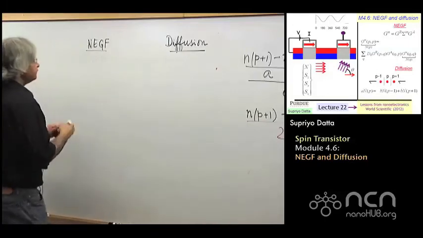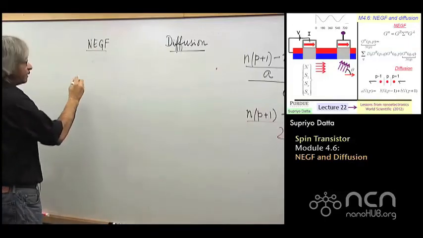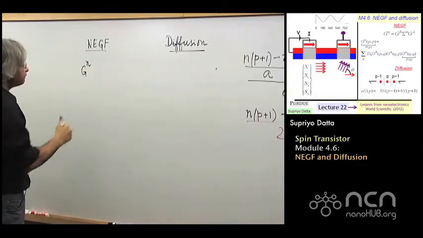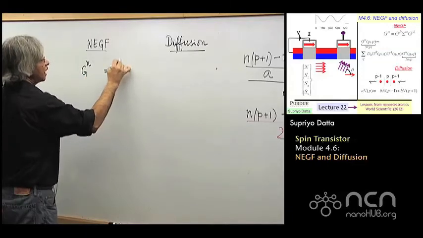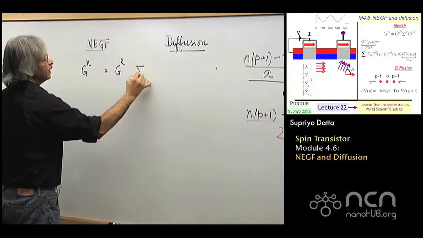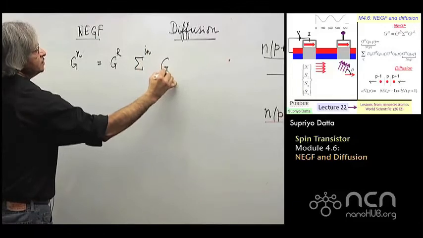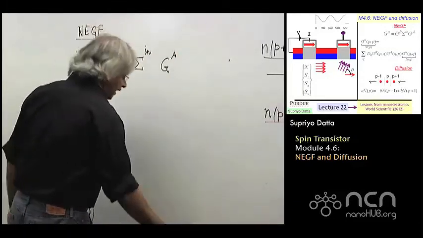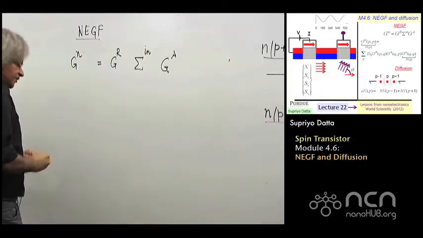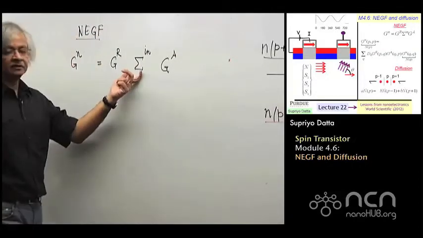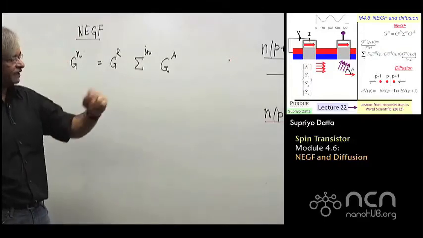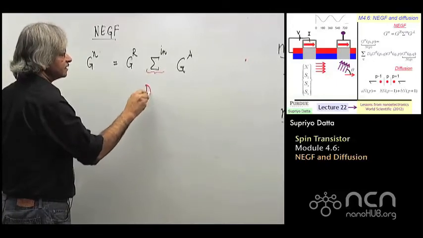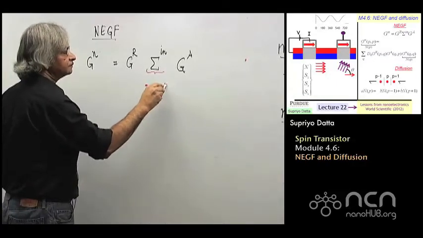NEGF equations, as you remember, is Gn, that's this matrix, which is like the electron density, is equal to Gr, and then there's sigma n, and then there's Ga. And this sigma n, as we discussed last week when we were talking of dephasing, could be written as some constant d0 times Gn.